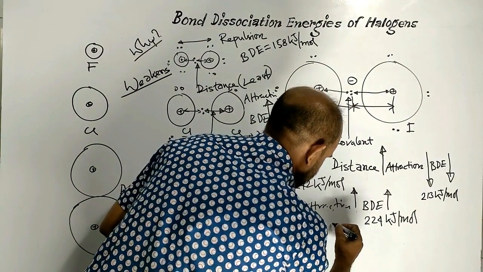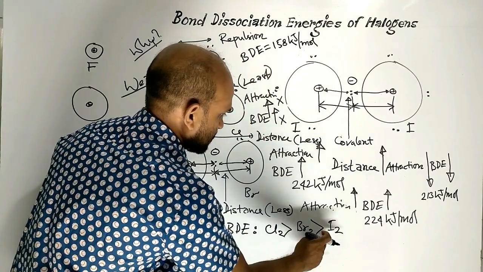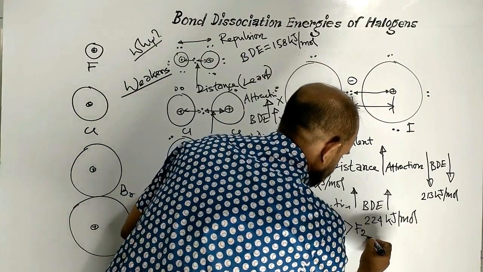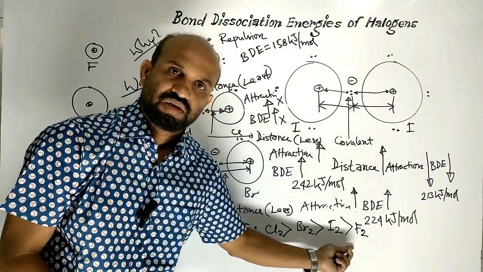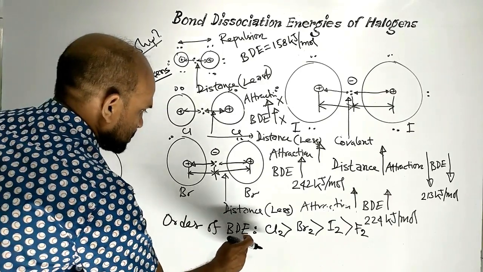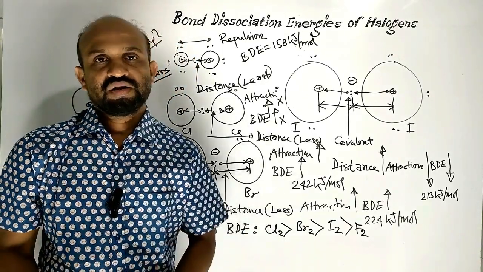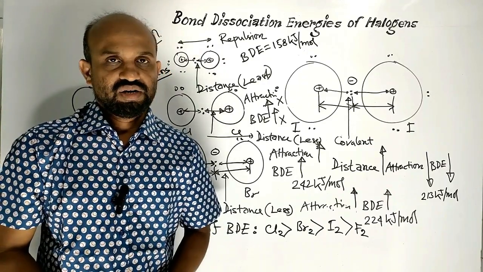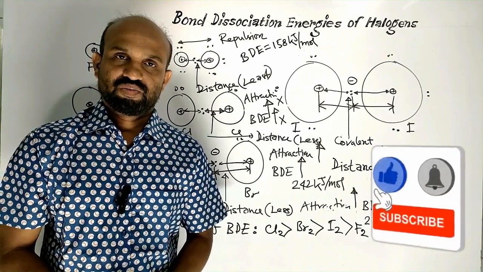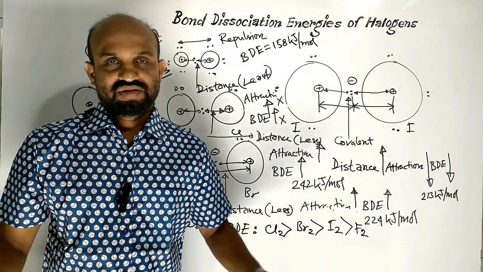For iodine, this is 213. For fluorine, this is 158 kilojoule per mole. So, the order of bond dissociation energy will be like this: chlorine, bromine, iodine, and then fluorine. This is all about bond dissociation energies of halogens. No more today. Thank you very much.